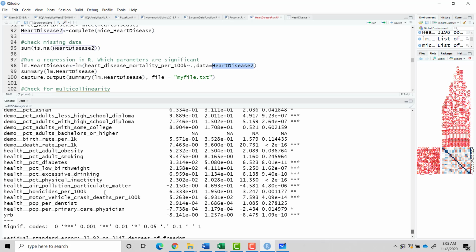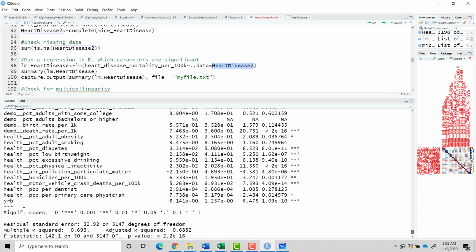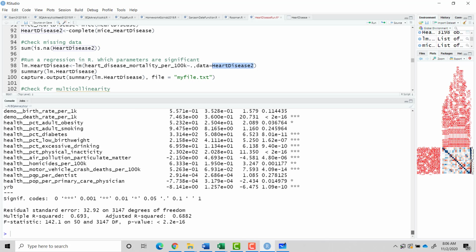If you have a poorer area with more homicides and more vehicle crashes, then that's what's showing up. And then, of course, the year of birth is highly negative. I think that's the average year of birth, I'm not sure, but that's highly negative.